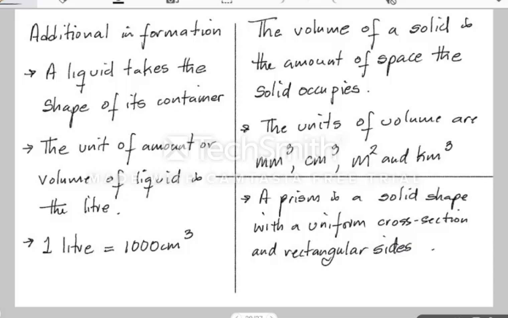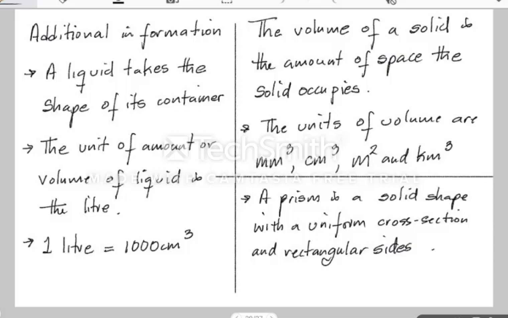Now, the volume of a solid is a measure of the amount of space the solid occupies. So I didn't say that initially, but it's important. Whenever you're measuring volume, what you're measuring is how much space something is occupying.